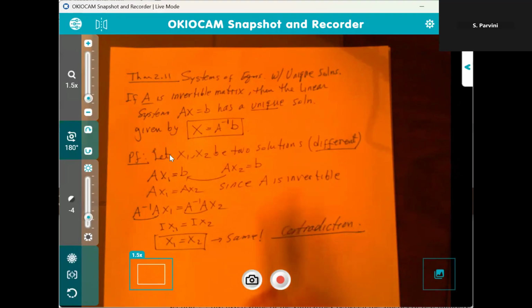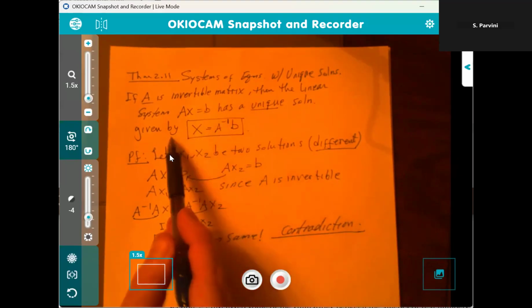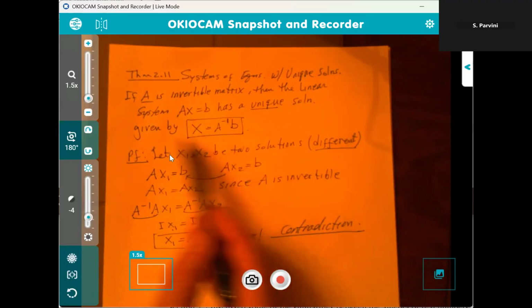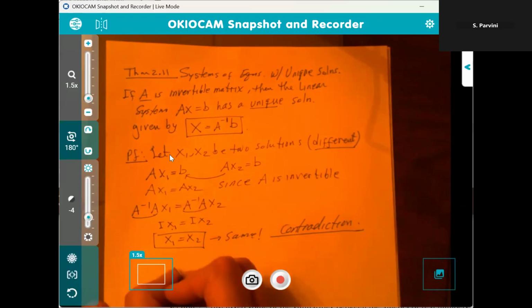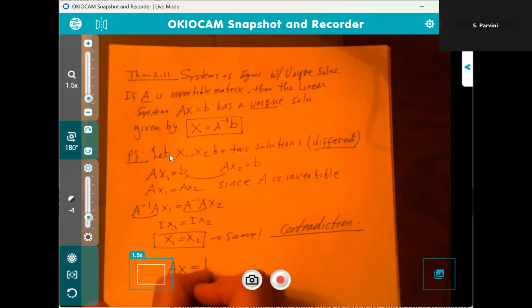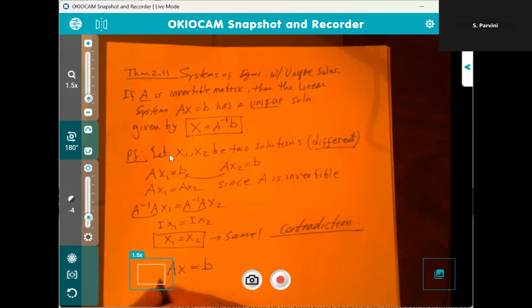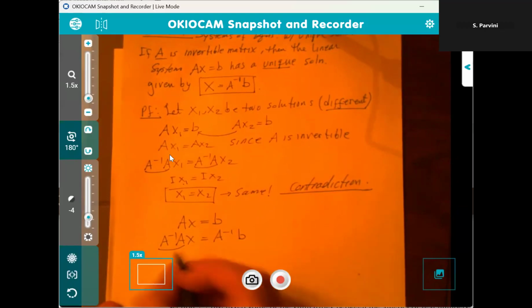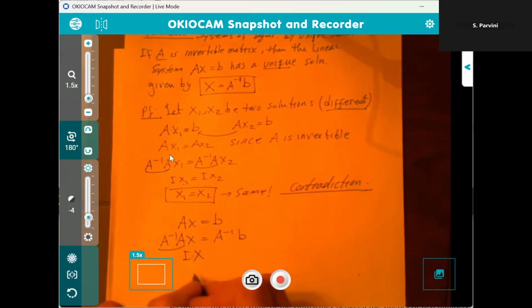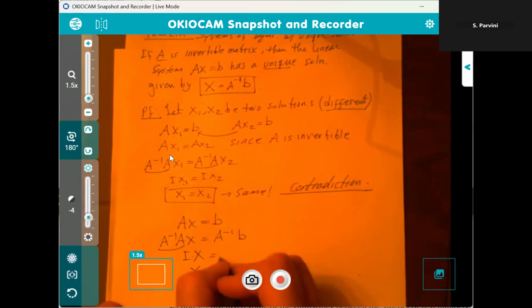Now that's just the uniqueness part. Now let's do the "given by" part. Again, if AX is equal to B, we can pre-multiply both sides by the inverse, and we get A inverse B. And A inverse A is the identity matrix times X, which is X. The right side is whatever it turns out to be.